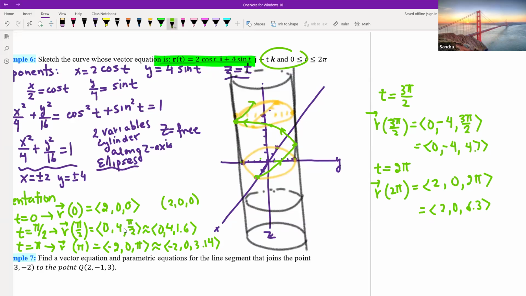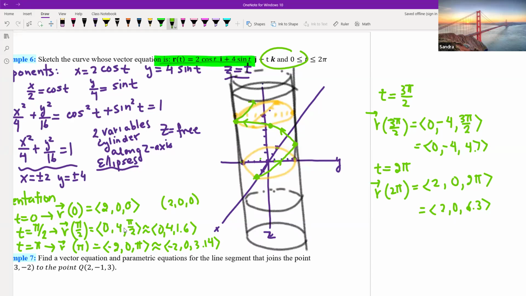So eventually, remember, I have another ellipse right here. I have a bunch of ellipses. So eventually every point has to hit on the cylinder. This point right here, it's on the cylinder. This point, it's on the cylinder. This point, it's on the cylinder.